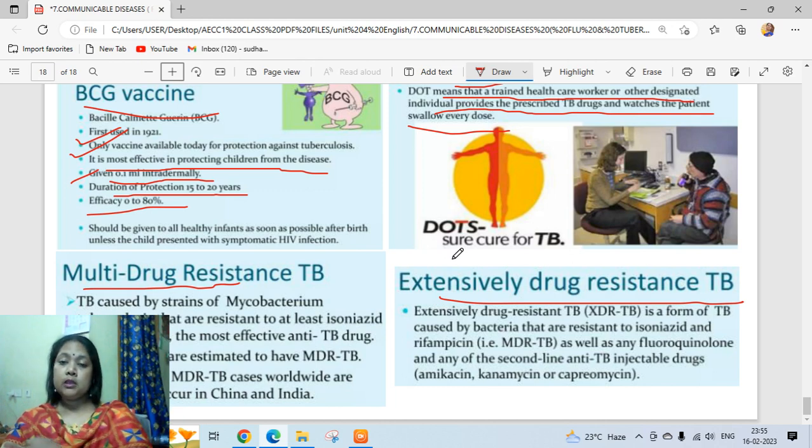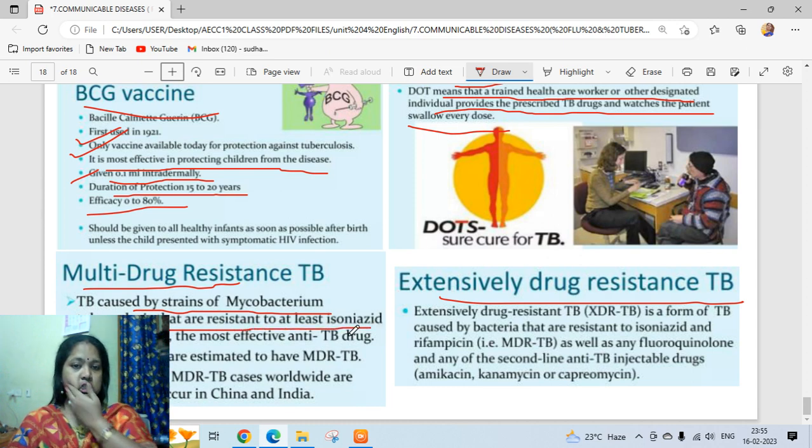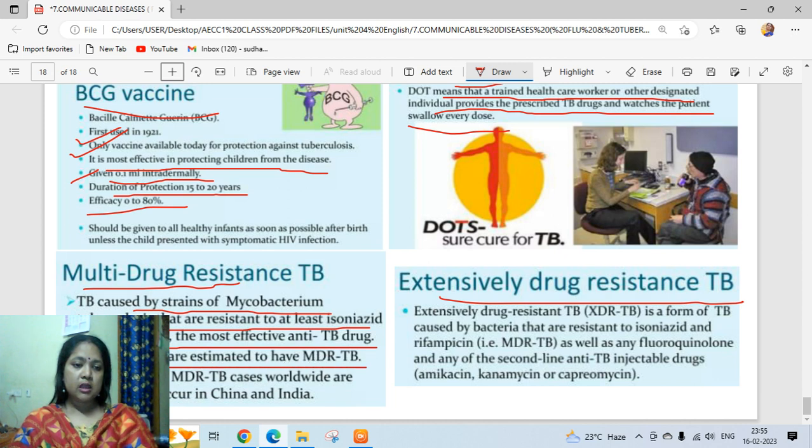So multi-drug resistant TB is TB caused by strains of Mycobacterium tuberculosis that are resistant to at least isoniazid and rifampicin, the most effective anti-TB drugs, and globally 3.6% are estimated to have MDR-TB, and almost 50% of MDR-TB cases worldwide are estimated to occur in China and India.